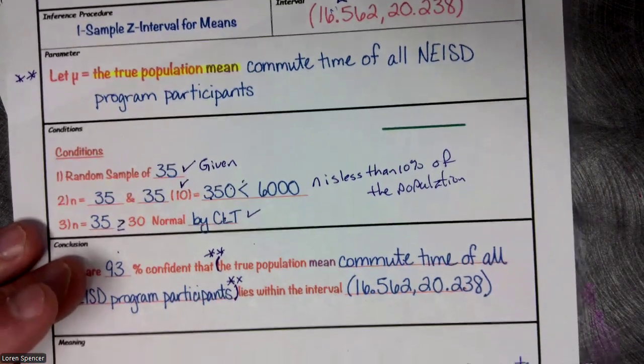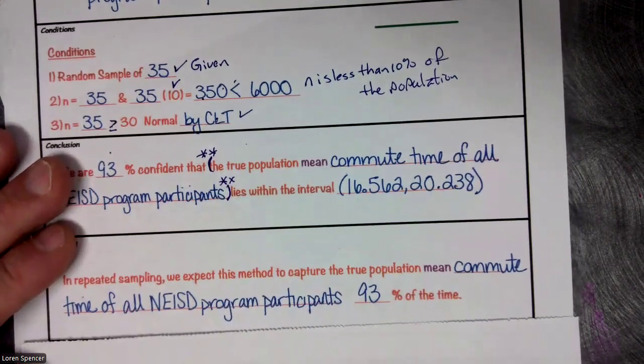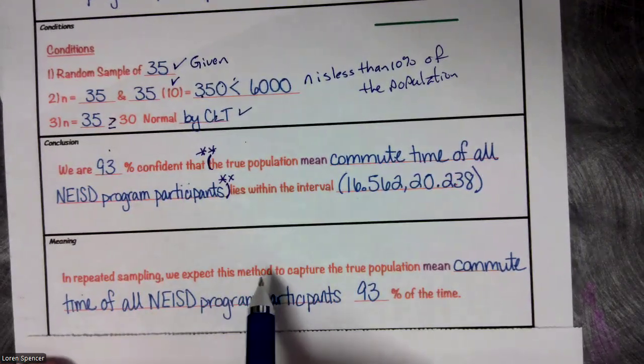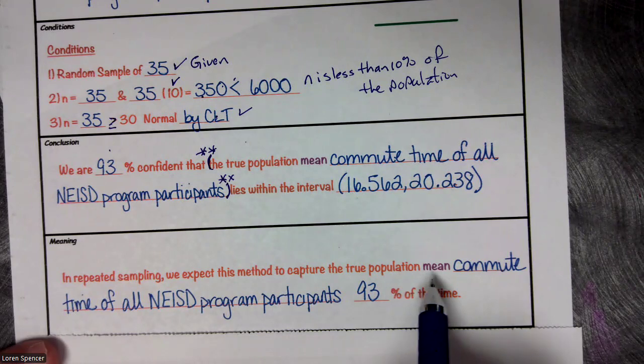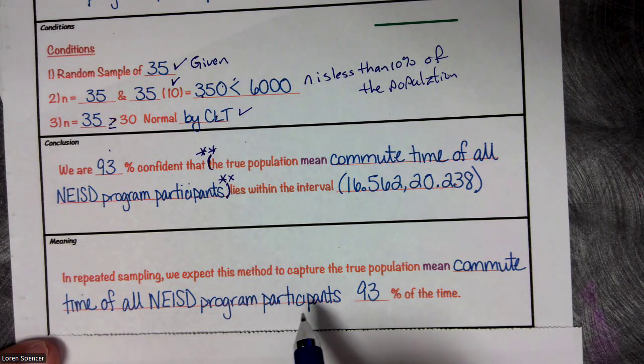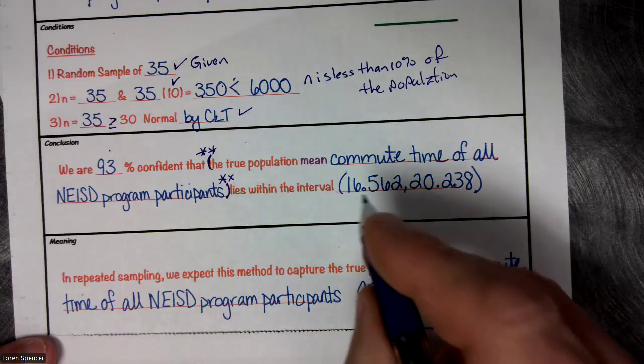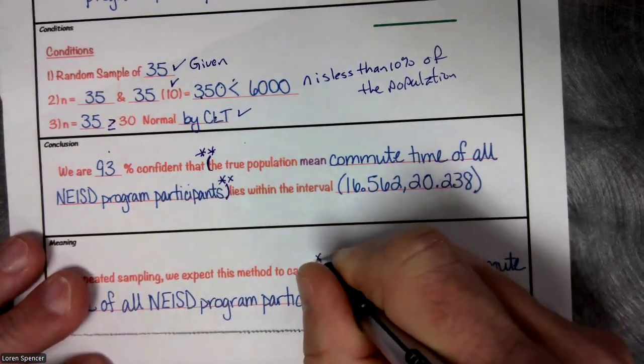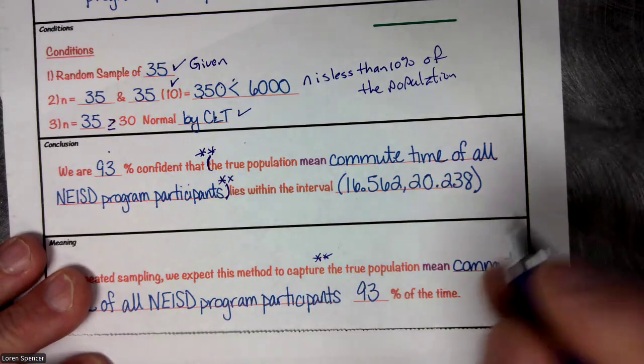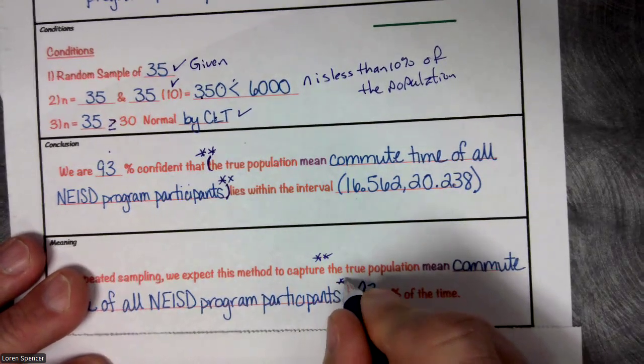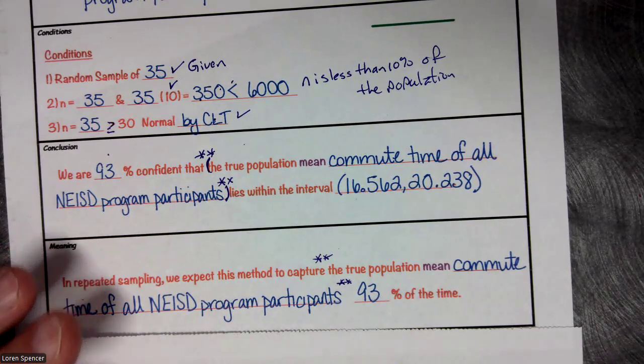The next one, the meaning of the confidence level. In repeated sampling, we expect this method to capture the true population mean commute time of all NEISD program participants 93% of the time. Guess what? This right here, that's the definition of the parameter.